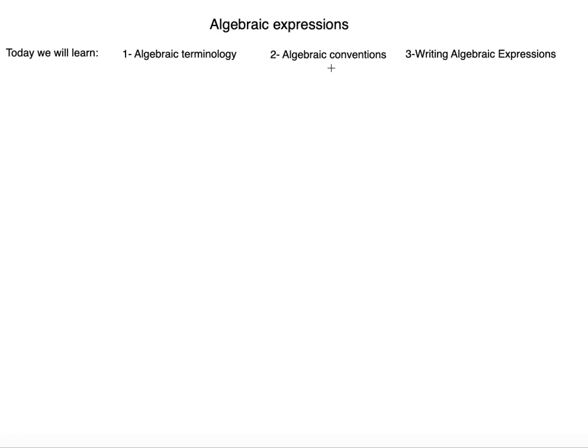Now we talk about algebraic conventions or rules. They are basic. You already noticed some of them, and we say that rather than writing 2 times p, it is written as 2p.